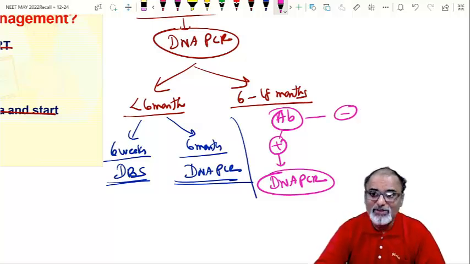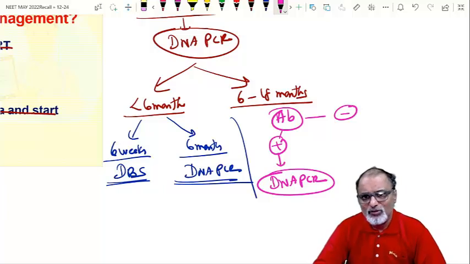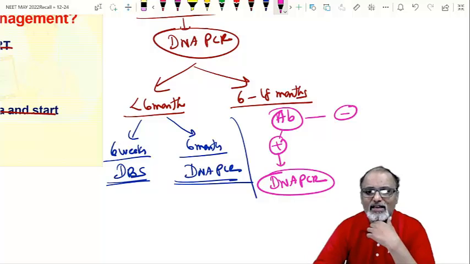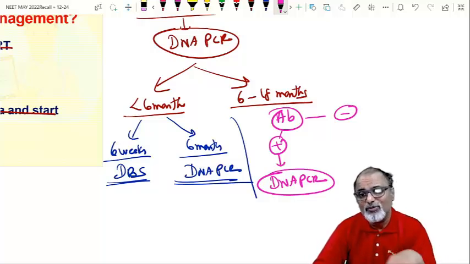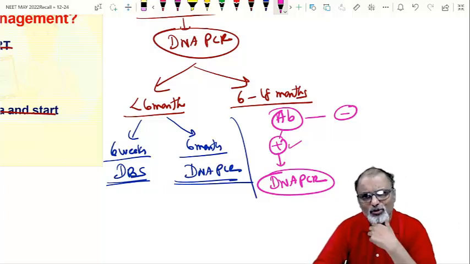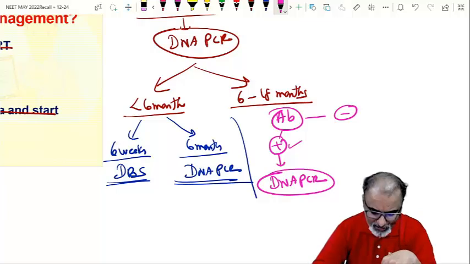If the child is symptomatic, chronic diarrhea, chronic weight loss, those kinds of things, that time you can do it. Otherwise, no need. After 6 months, we can't rely 100% on the antibody test, because there may be presence of maternal antibody. If the antibody is positive, it may be due to the mother's antibody also. So for that we are doing DNA PCR.